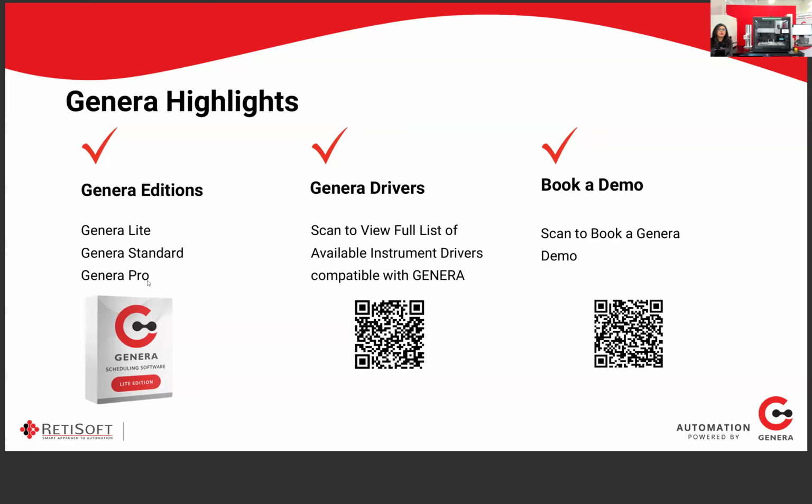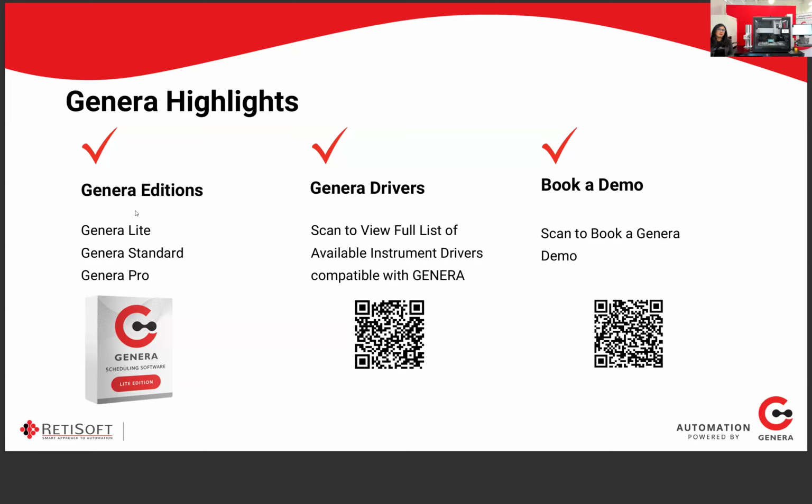So each edition is flexible and adaptable to your needs. So let's say you're a small startup lab that has limited funding and you need a small integration system, kind of what you see in the office behind Elizabeth, with a simple workflow, then Genera Lite would be a perfect fit for you.